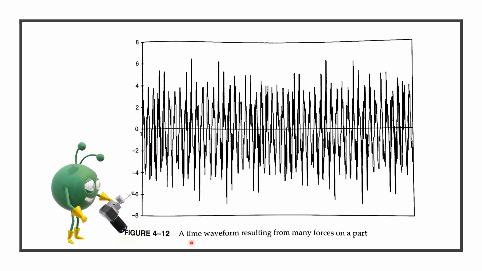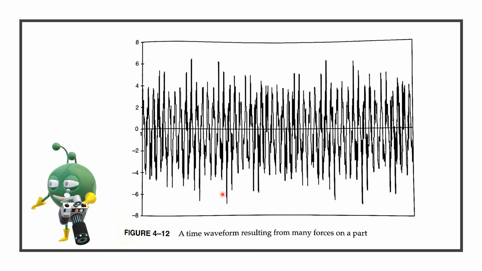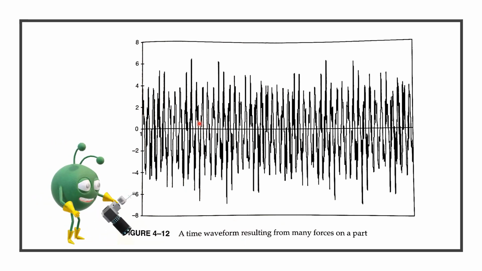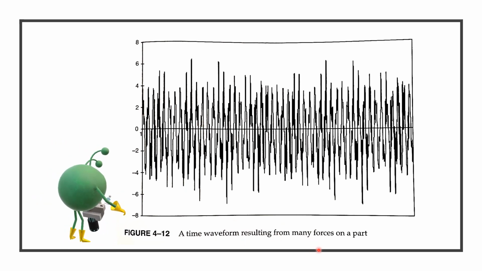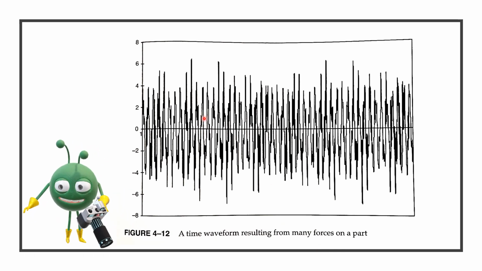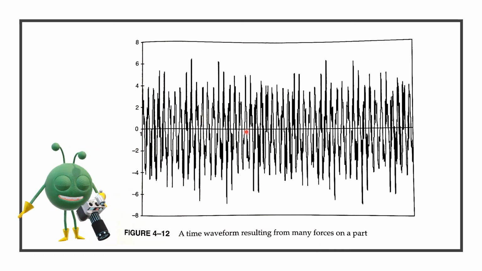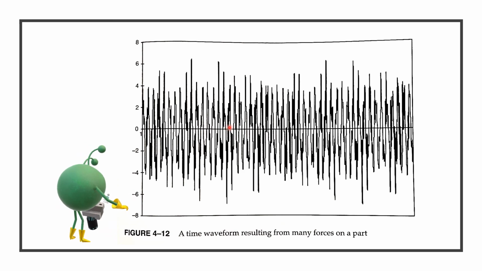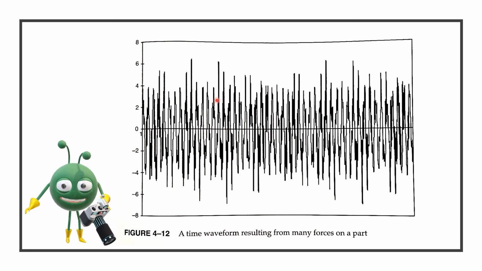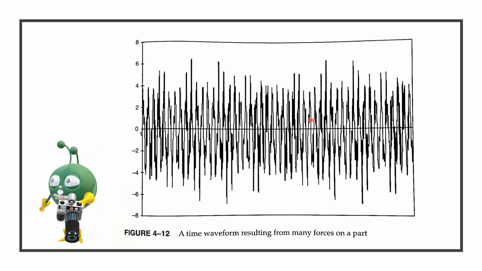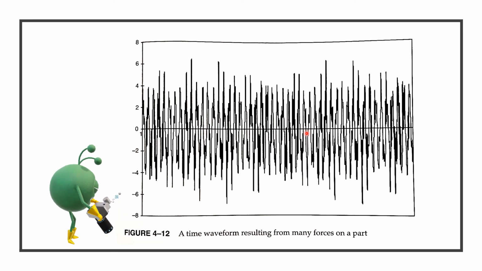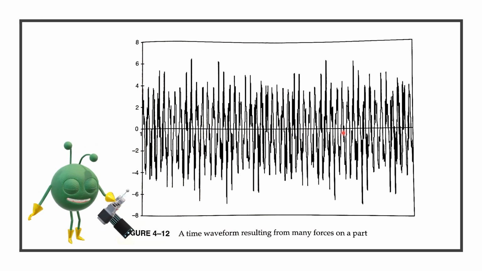Here is an example of a time waveform. See, so many peaks, therefore you have so many forces on that part, component, system, or equipment. That's what you normally see when you analyze the vibration coming out from these devices. You only have to know what it looks like.